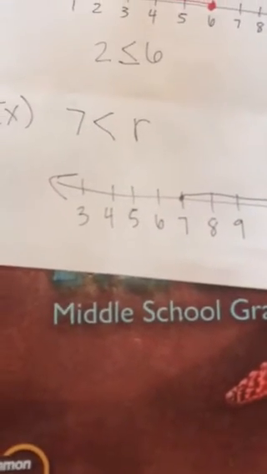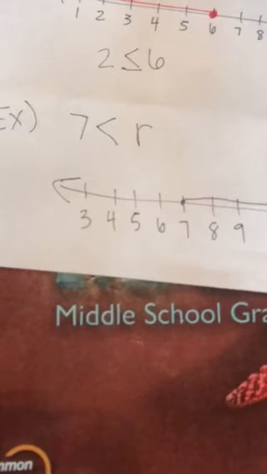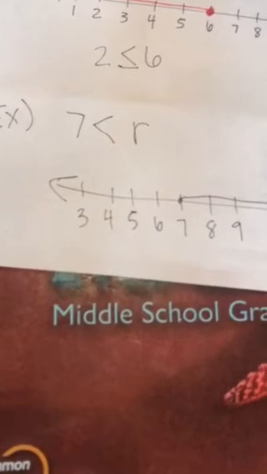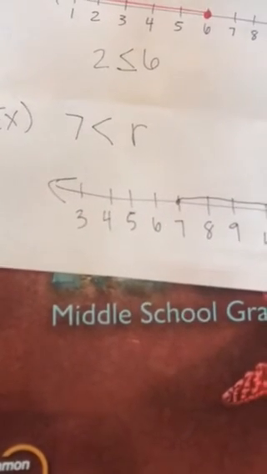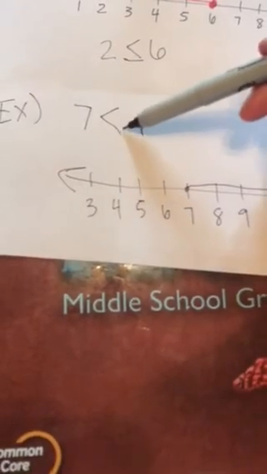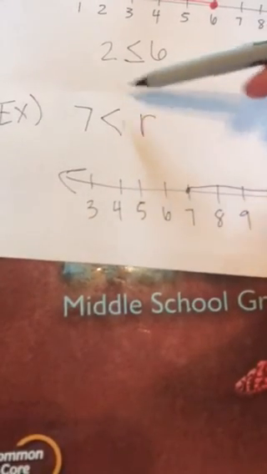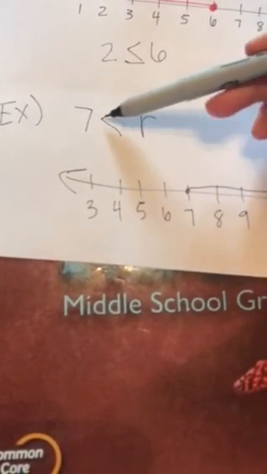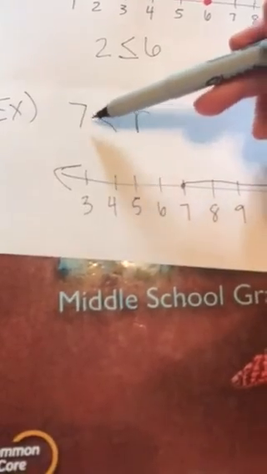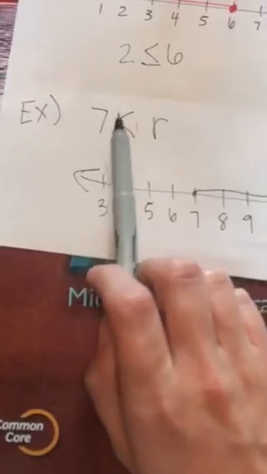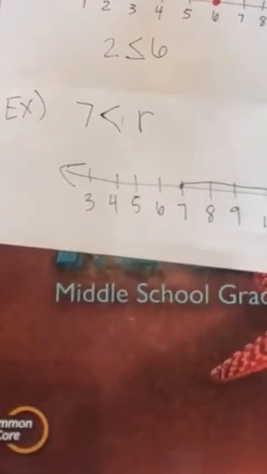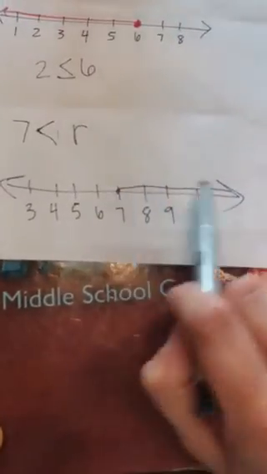Or some of you might have learned it like the alligator, or just the fact that this big side is the big number and the little tiny corner side is a smaller number. But just remember to read it out loud. So 7 is less than R. So R is going to be bigger than 7.